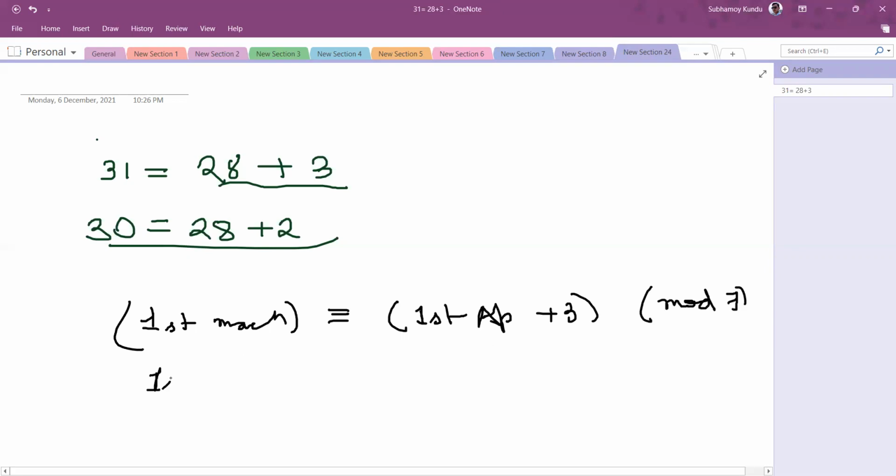Similarly, if it is April, the next month of April is May, and April is a 30. So the 1st of April will always be congruent modulo to the date of 1st May plus 2.